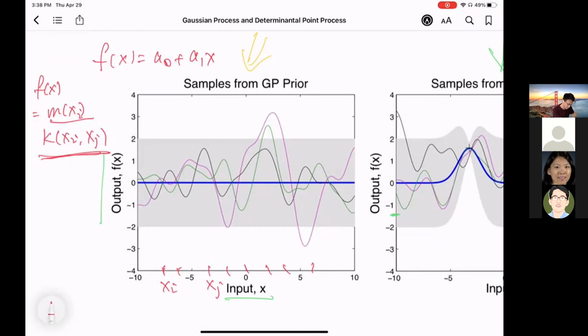If there are, let's say, 10 data points, isn't K 10 by 10, which is 100? Yes, that is the matrix. If I sample 10 x, then K is a 10 by 10 matrix.